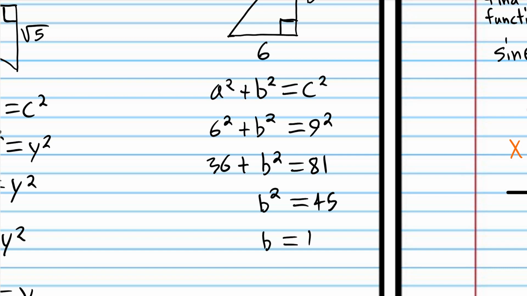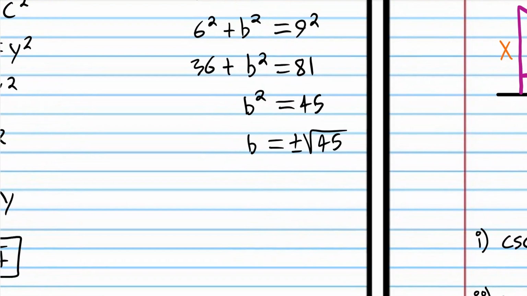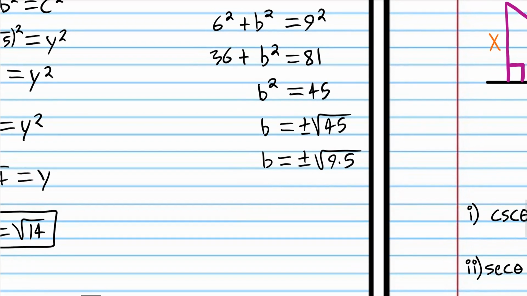If we square root both sides, then we have a perfect square. We can factor to 9 times 5. And we can separate to a product of 2 roots.